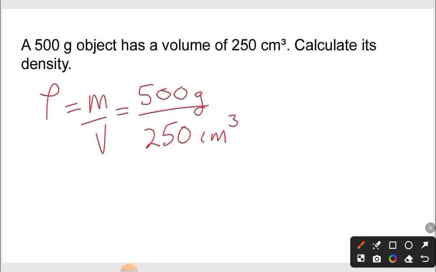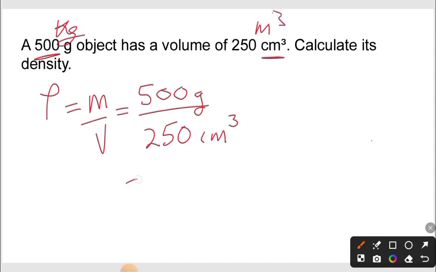Now, gram always goes with centimeter cube. Kilogram always goes with meter cube. So let's just assume that in the question, this was in kilogram, and this was in centimeter cube. What you are supposed to do is convert kilogram to grams before you can work with the centimeter cube. Or you can also choose to maintain the kilogram here and convert this one here to meter cube.